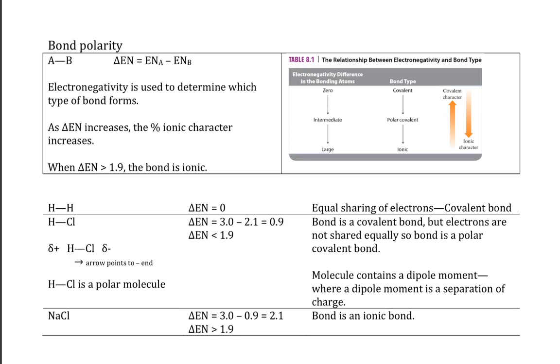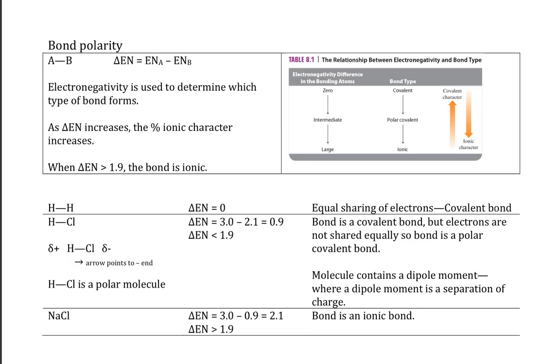In our case here, let's say that A has a larger electronegativity. We would calculate delta EN to be EN A minus EN B. If that number is large, and our cutoff point is 1.9, if it is greater than 1.9, then we would say that one atom has such a much greater desire to pull electrons to itself that it actually will pull an electron from the other atom to it.